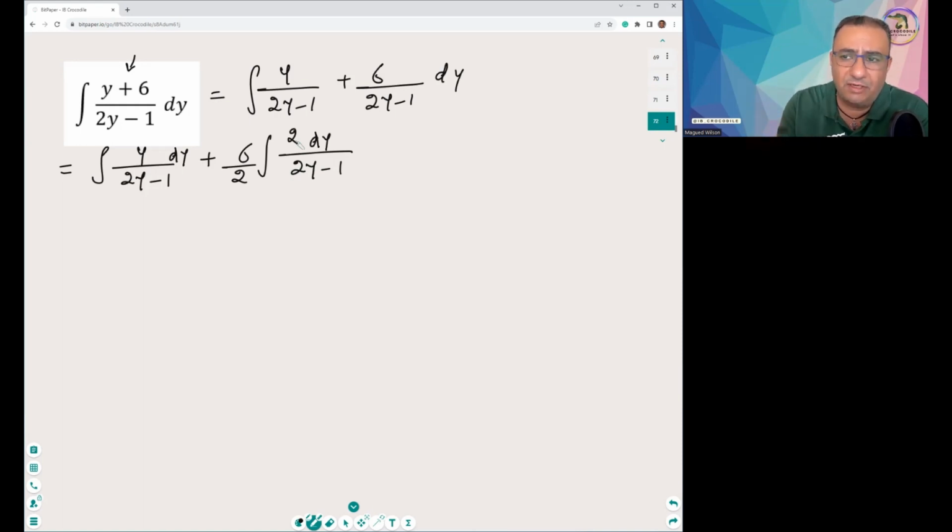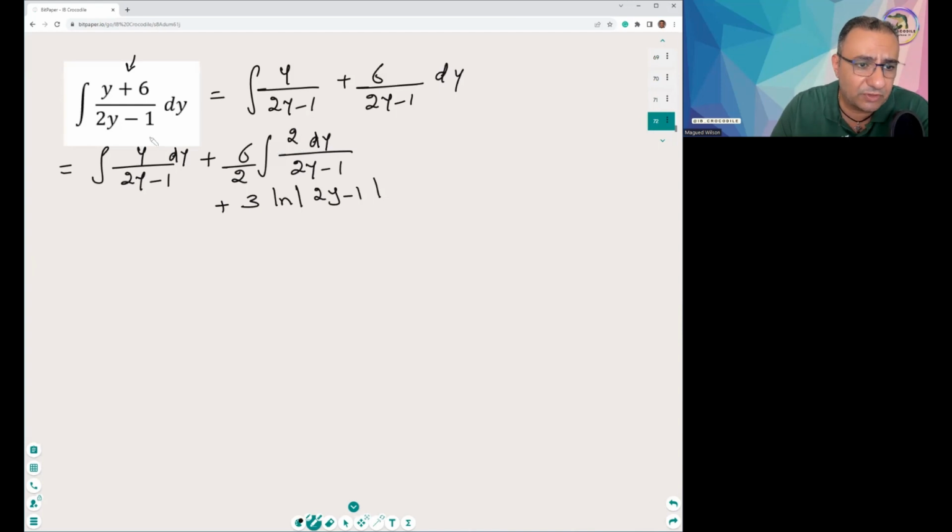That is ln of the denominator right away, since you have the derivative up. Okay, inspection. So this part here is done. We have 6 over 2, which is 3, times ln of the absolute value of 2y - 1, and this part is done.